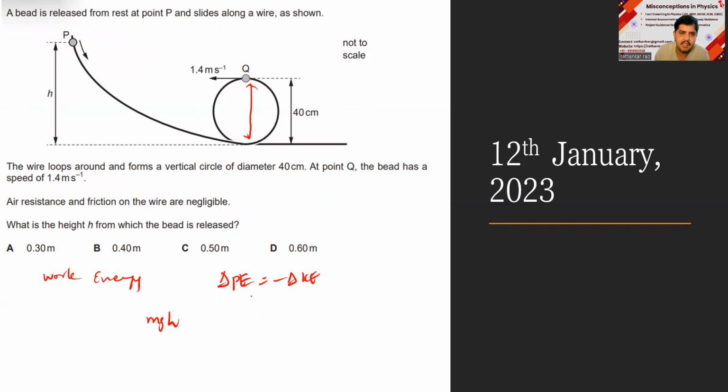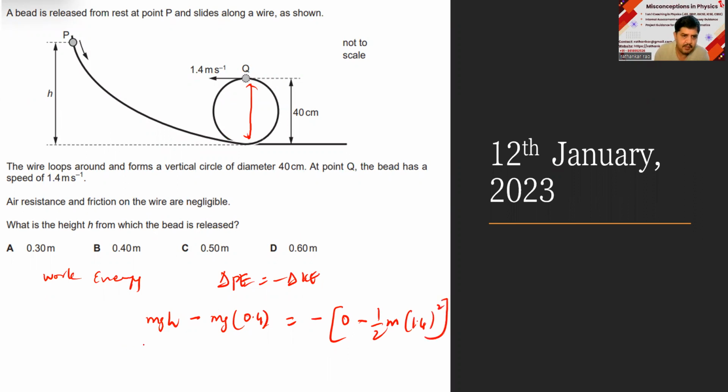At this position, what is the final potential energy? mg into 40 centimeters. See, I have started from here. mgh minus mg into 40 centimeters, 0.4, should now be equal to minus. What is the initial kinetic energy? The initial kinetic energy was 0. Minus, what is the final kinetic energy? The final kinetic energy is nothing but half m into 1.4 square.